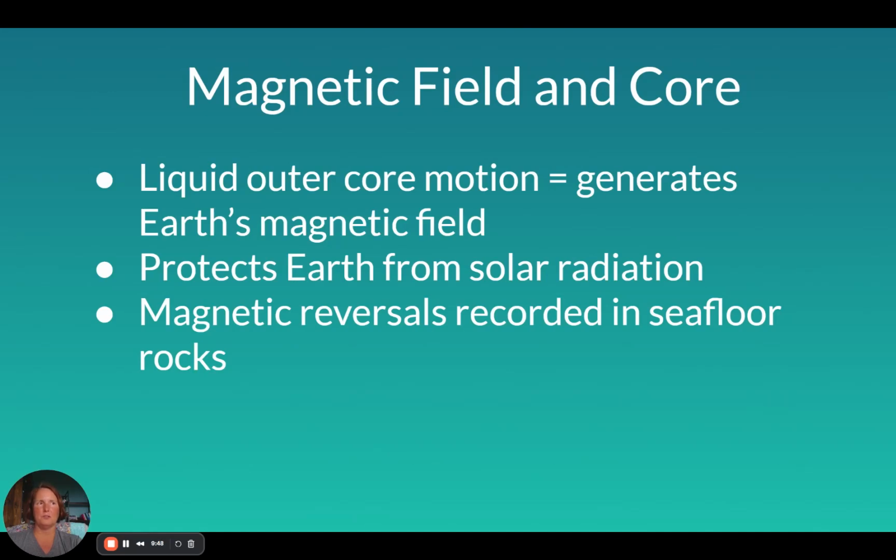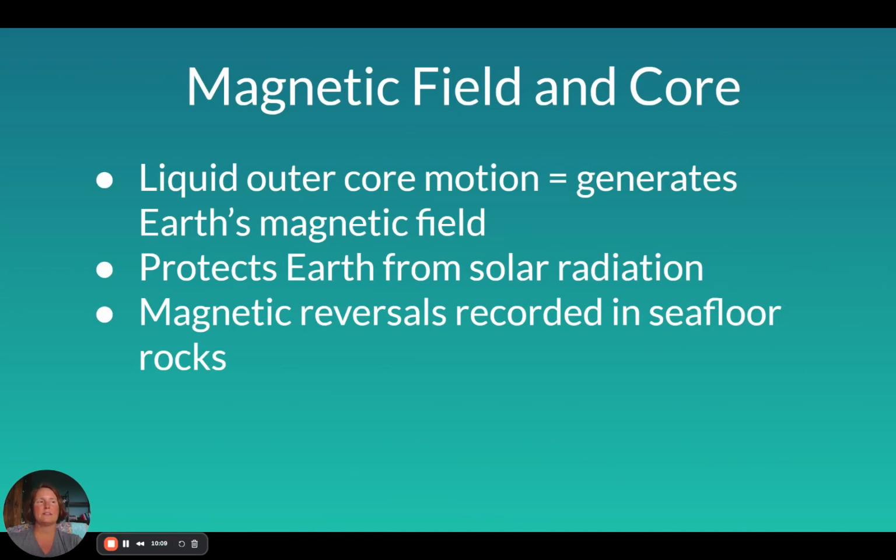That magnetic field actually shields our planet from solar radiation. If we didn't have that magnetic field, we as humans certainly couldn't survive, and most life on Earth wouldn't be able to survive because we would be radiated very quickly. So super important, really a big deal.